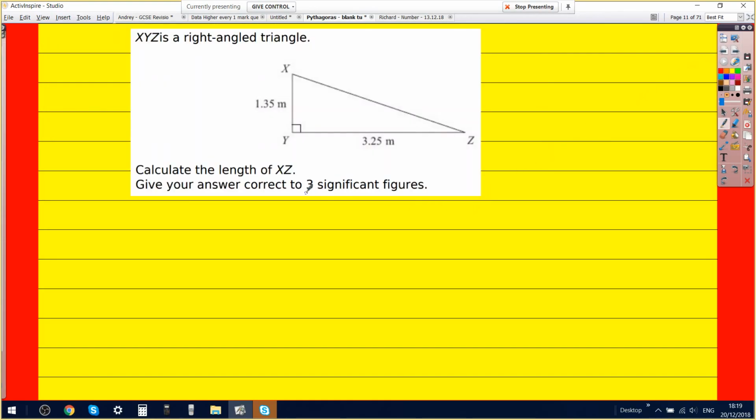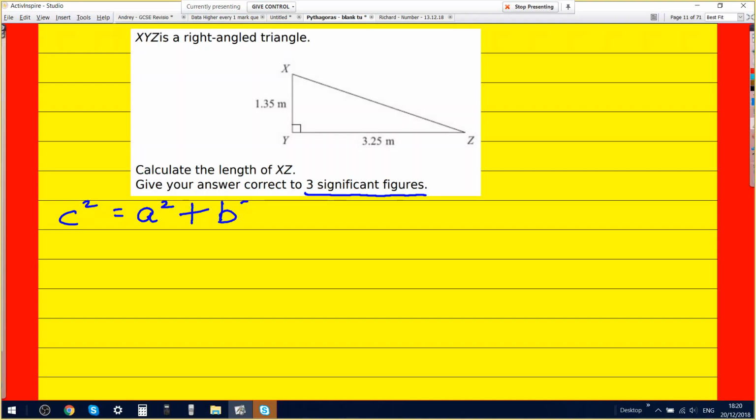Okay, so this is 3 significant figures with a calculator paper. How do we do this? For this one, which side is C?